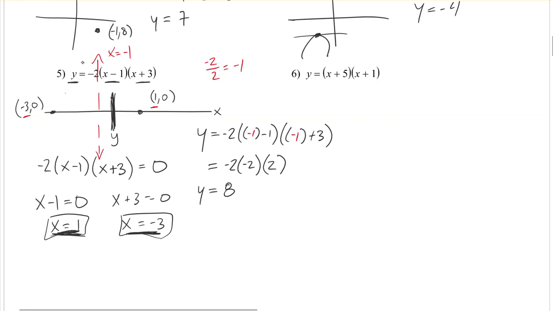Also, this a value is negative 2, so we should know that we're going down from here. And so we got our vertex, which we labeled negative 1, 8.